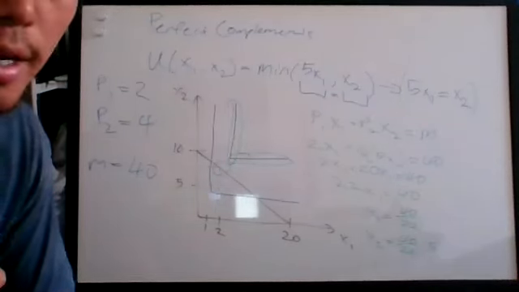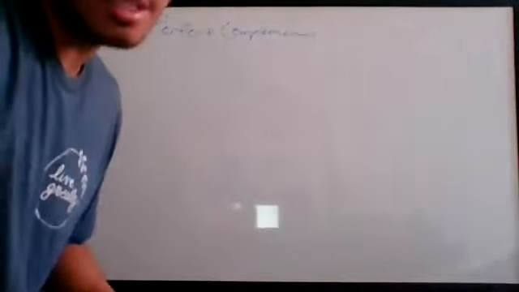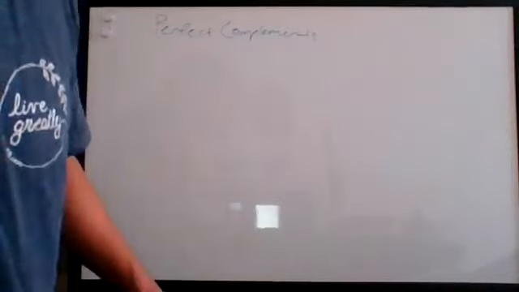Okay. All right. With that being said, I'm going to move on to perfect substitutes. With perfect substitutes, the MRS is going to be important because it reveals to us this concept of bang for our buck.